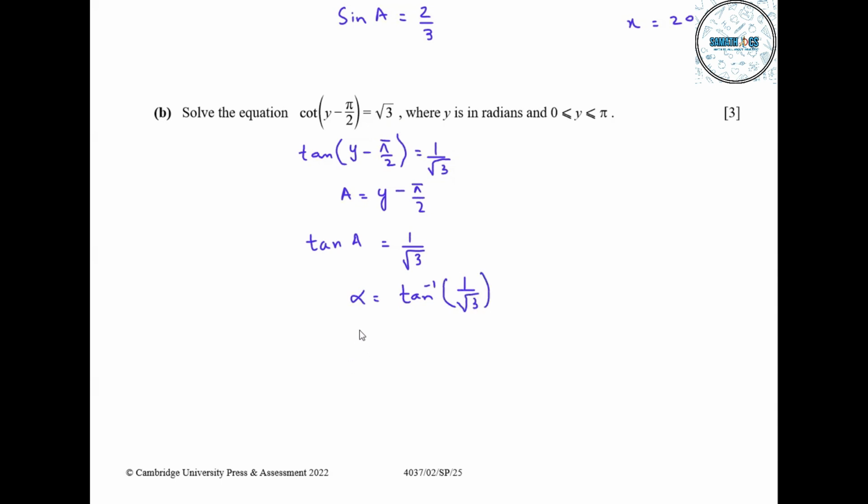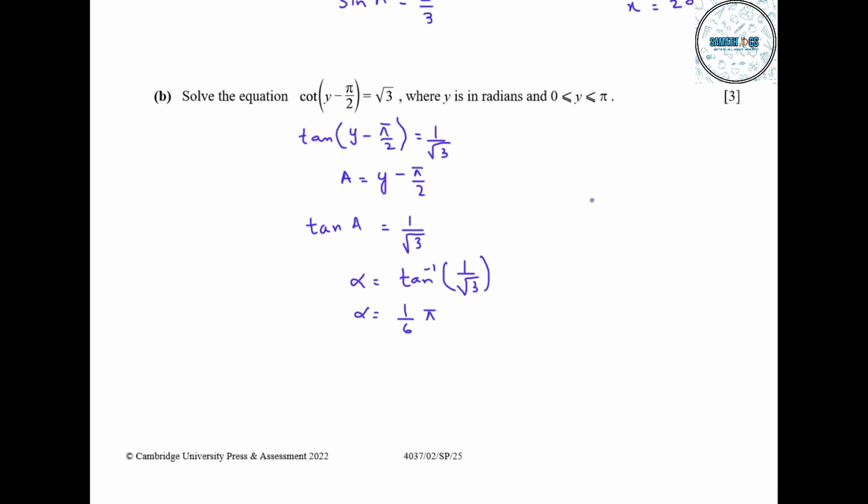So alpha is equal to tan inverse of 1 upon root 3, and so alpha is equal to pi upon 6. We have to consider the first quadrant because tan is positive in the first quadrant and in the third quadrant. But the range is given from the first quadrant till the second quadrant. So we will just be considering the first quadrant where theta is equal to alpha. So we have A is equal to pi upon 6.